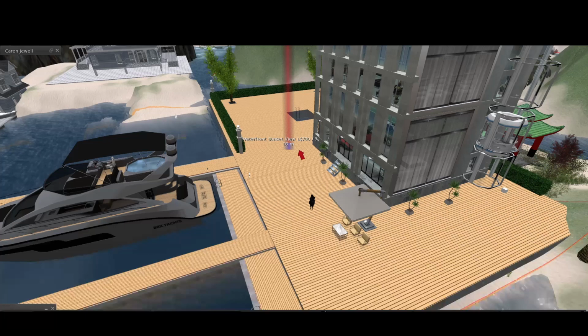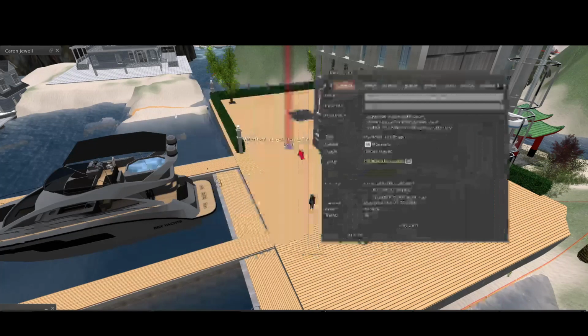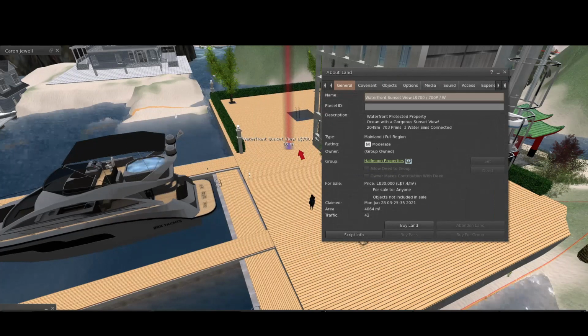And we're going to see what's up with this piece of property. The area is 4064, and that, I believe, is a 1/16 or thereabouts. 30,000 Linden. It is 7.4 Linden per square meter. And this is oceanfront property. It is 703 land impact, and 3 water sims are connected.